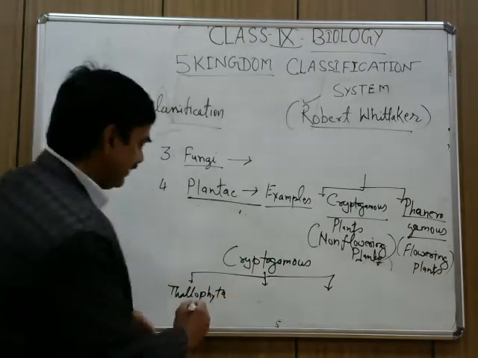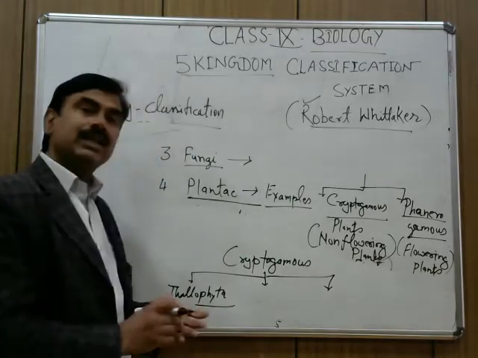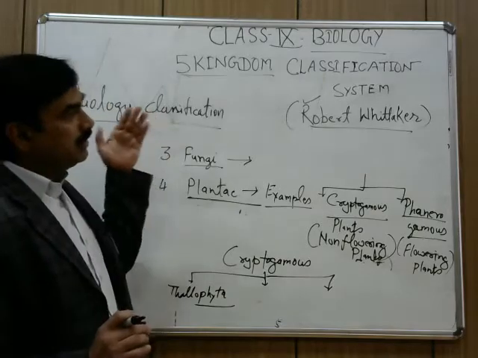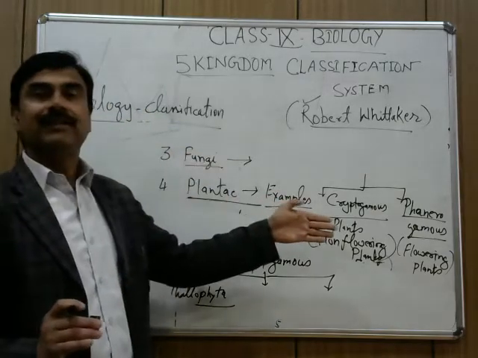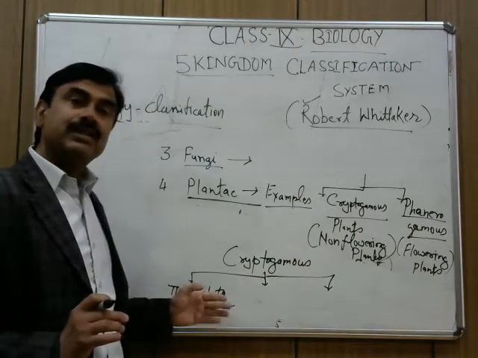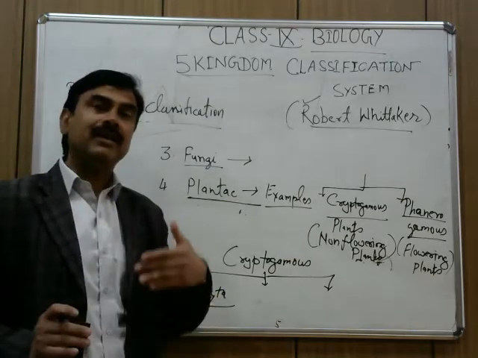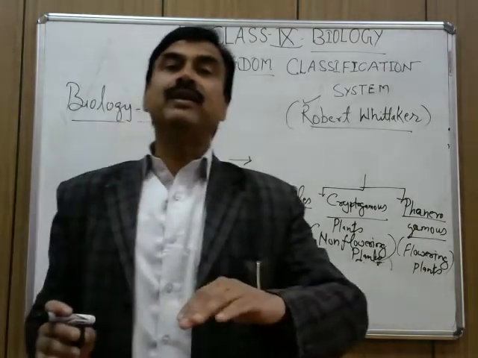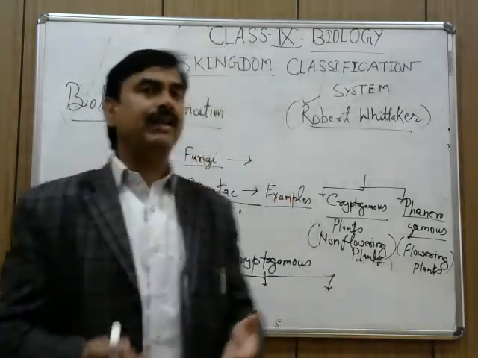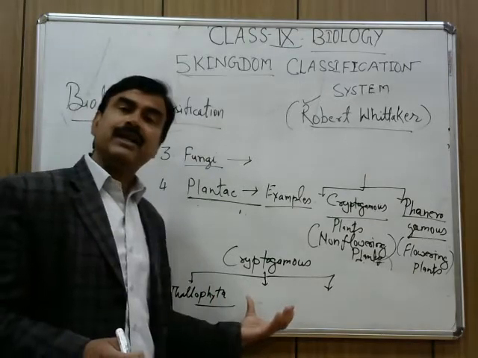Plants. That's why I told you to learn the meaning of the Latin terms. Phyta means plant, and these plants are thalloid. They are not divided into roots, stem and leaves. They are very undeveloped and kept in the Thallophyta category.